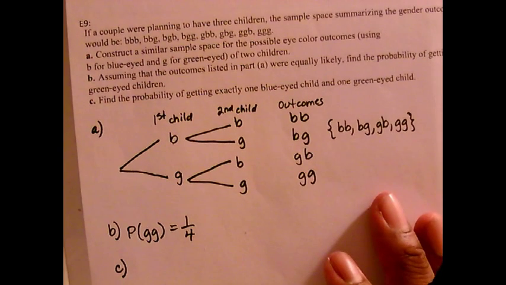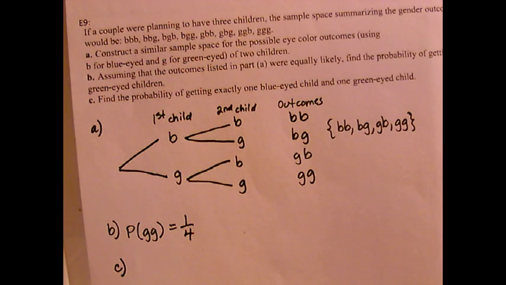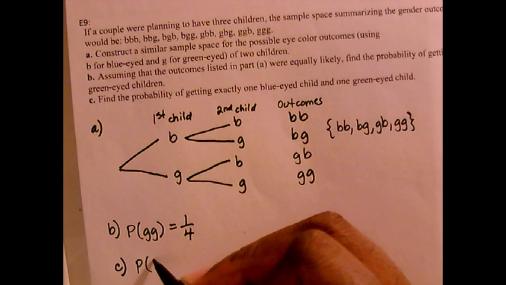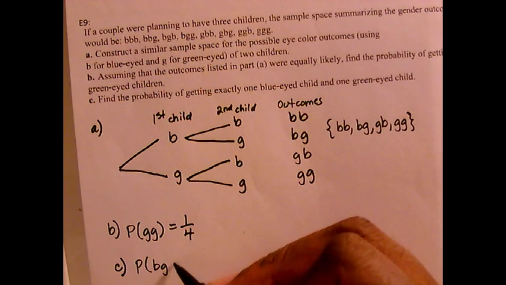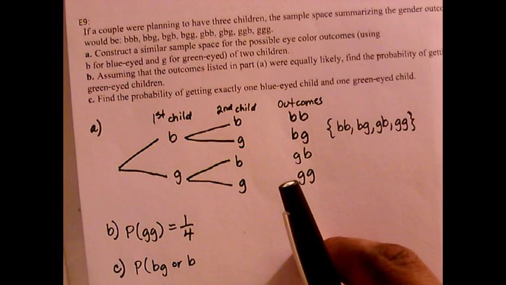And then part C is getting the probability of exactly 1 blue-eyed child and 1 green-eyed child. So here we're looking at the probability of getting a blue-eyed and a green-eyed, or a green-eyed and a blue-eyed child.